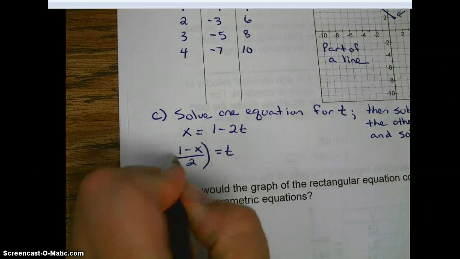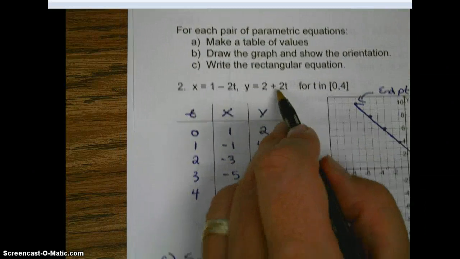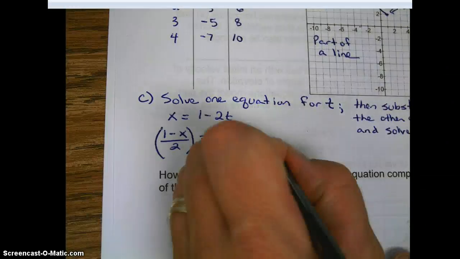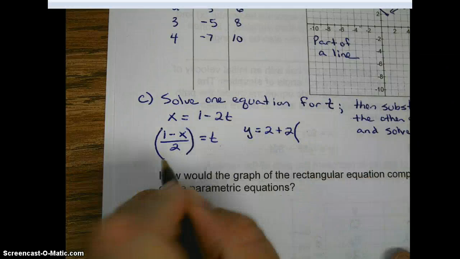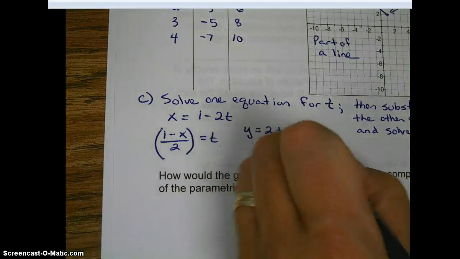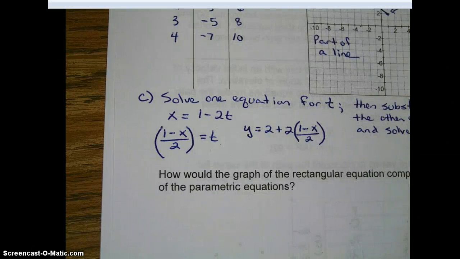Okay, second step, substitute that into the other equation. So the other equation right here, 2 plus 2t. So y equals 2 plus 2 times t. T is 1 minus x over 2. Okay, and now we want to simplify and solve.